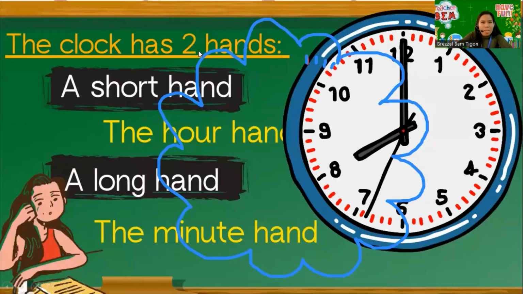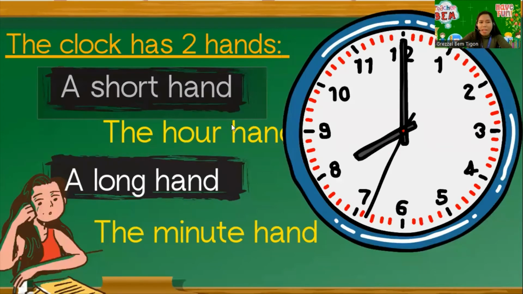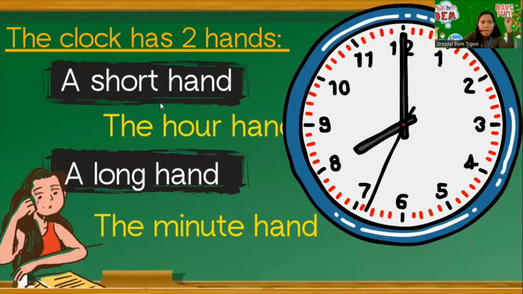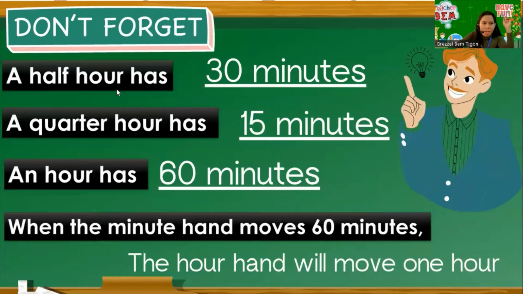So the clock has 2 hands. These are a short hand, which is the hour hand, and a long hand, which is the minute hand. Don't forget as well, grade 1, that a half hour has 30 minutes.